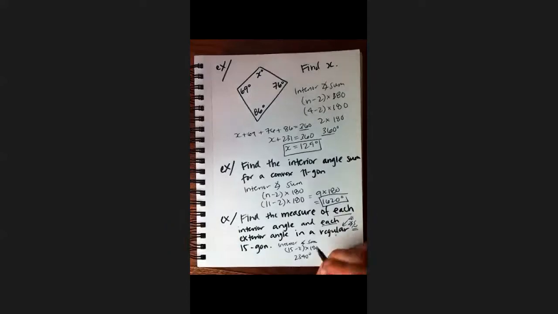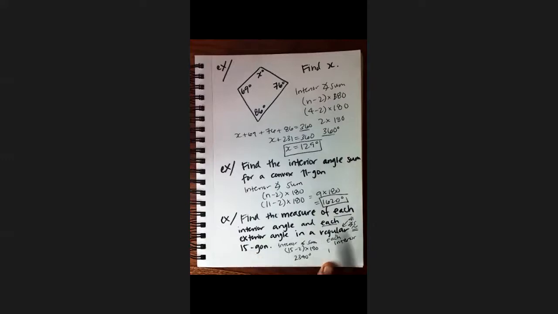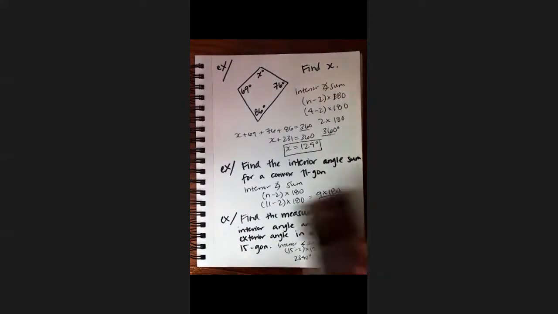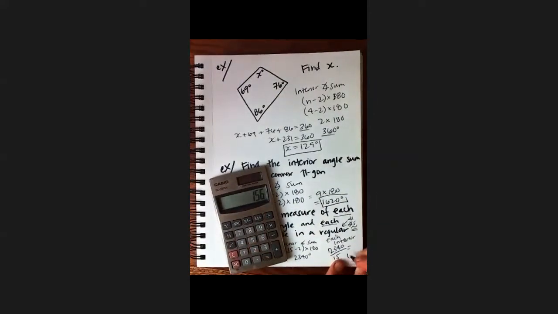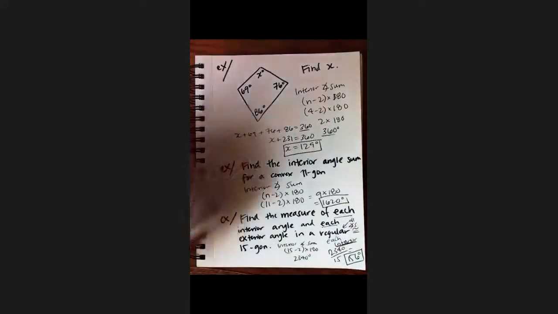But we're not done yet. Since we want each one, and we know this is regular, we can divide this number by 15. Why 15? Because each of the angles is equal to each other, and it's a 15-sided polygon. Ms. Akin is dividing this angle sum by 15, and we get that each interior angle in this 15-sided polygon is 156 degrees.